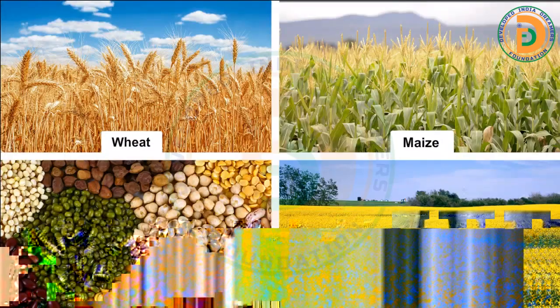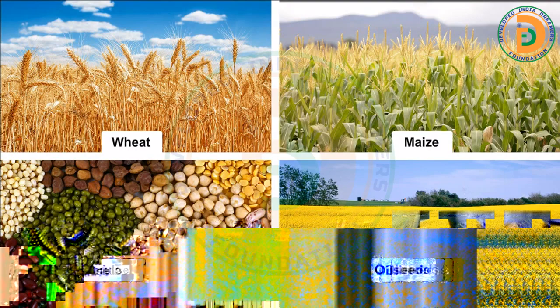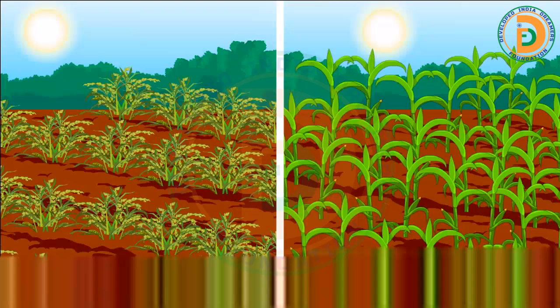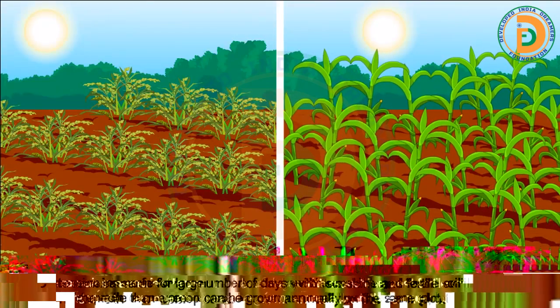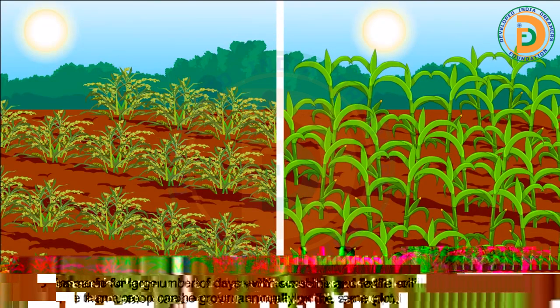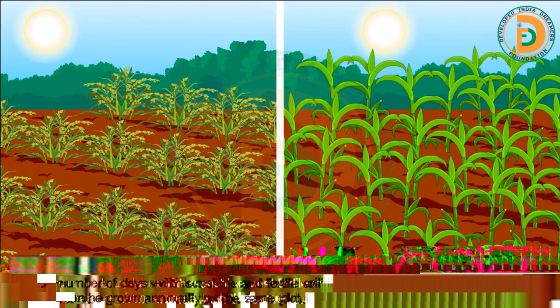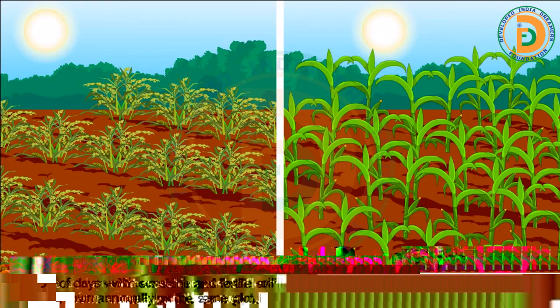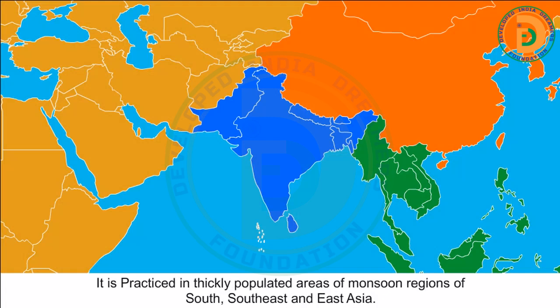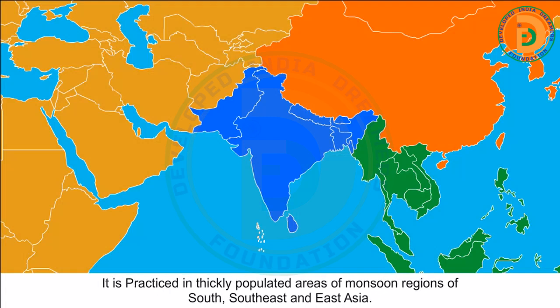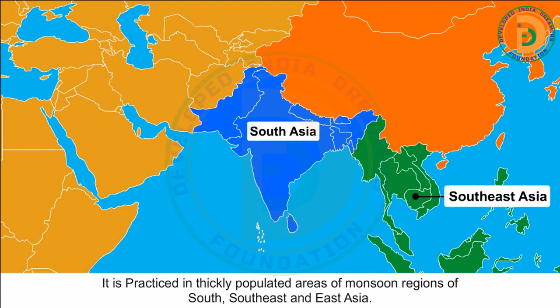Wheat, maize, pulses and oil seeds are also grown. Climate remains the same for a large number of days with sunshine and fertile soil. Therefore, more than one crop can be grown annually on the same plot. It is practiced in thickly populated areas of monsoon regions of South, Southeast and East Asia.